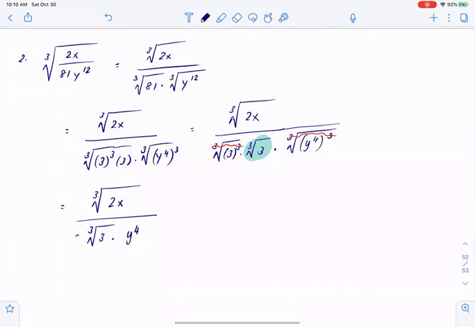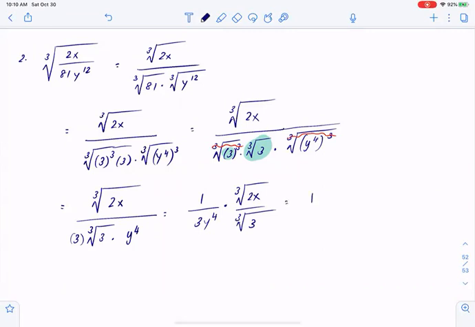And I have a 3 where the root got cancelled there. So I have 1 over 3y raised to 4. In the numerator, I have the third root of 2x, and in the denominator, I have the third root of 3.